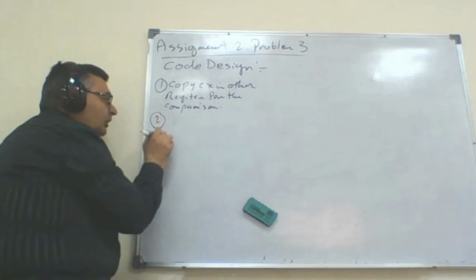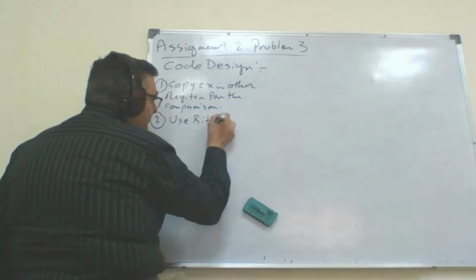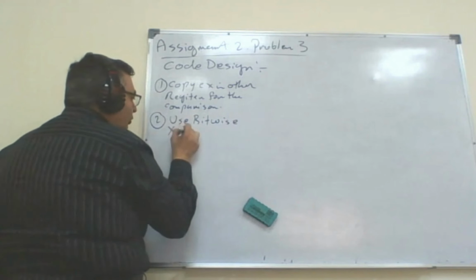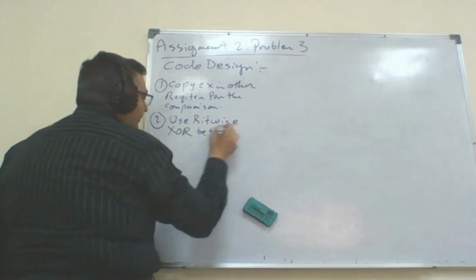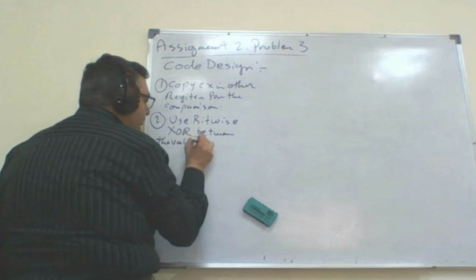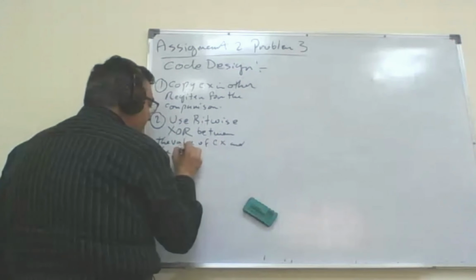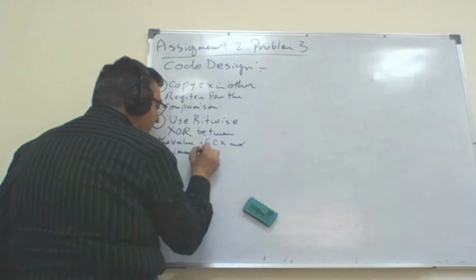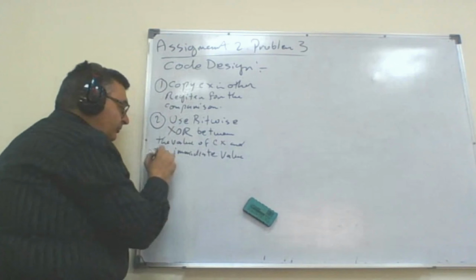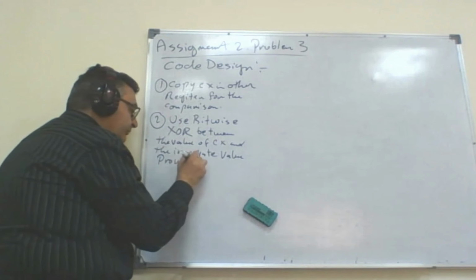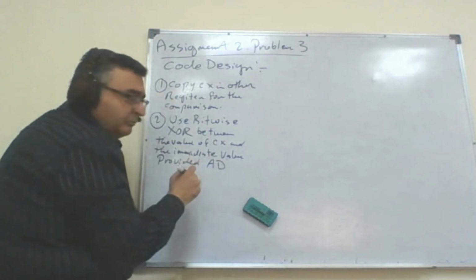In step number 2, I want to utilize the bitwise XOR between the value of CX and the immediate value provided, which in the example was AD, whatever.